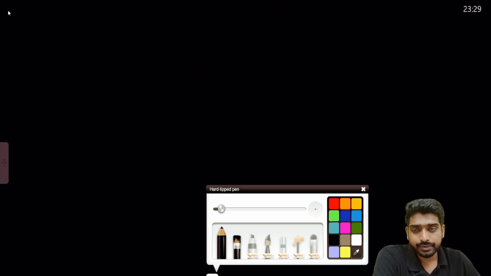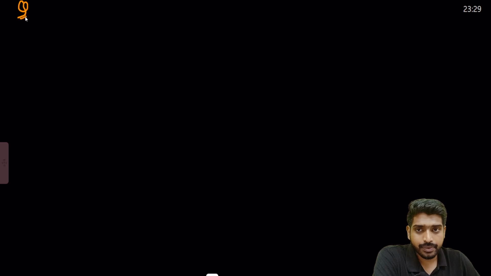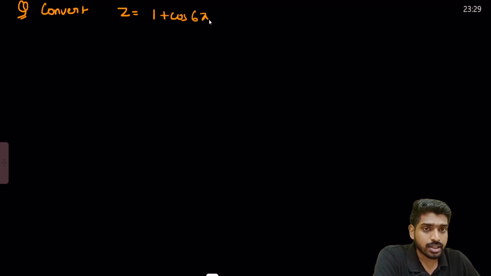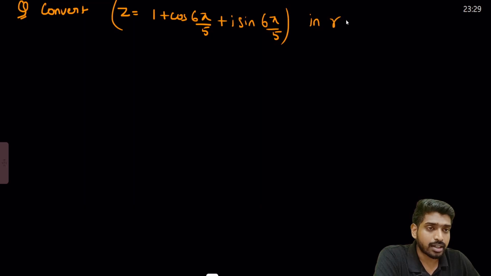Suppose the question is: convert z is equals to 1 plus cos pi by 5 plus iota sine pi by 5. We have to convert this complex number z in r cis theta form or polar form.